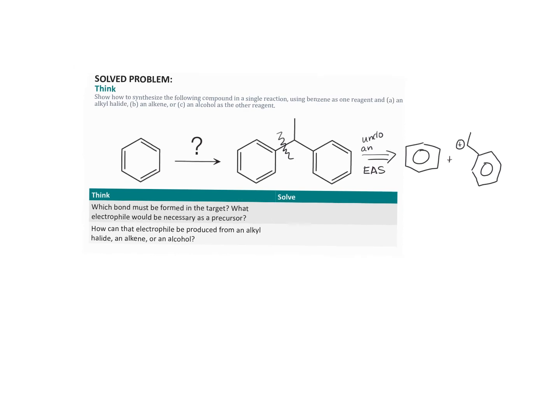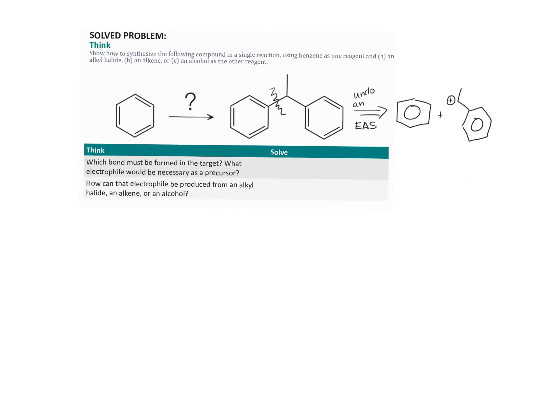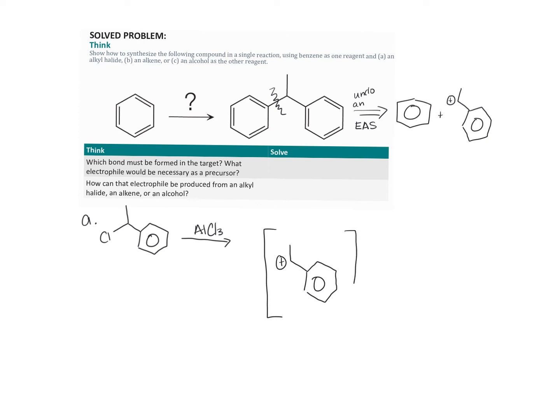And so as we look through this, let's do the first one. Let's do A. Where that positive charge is, I would put a chlorine and use aluminum chloride, and that would get me that intermediate there, which could then go on and react with benzene to form our product.